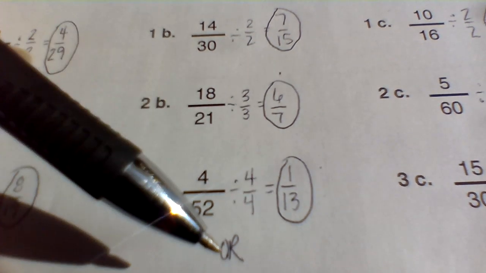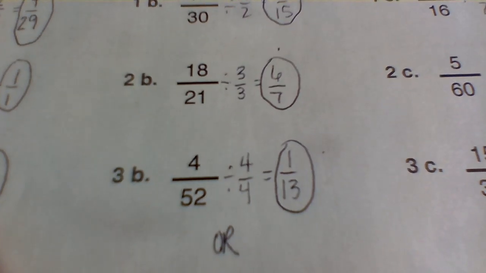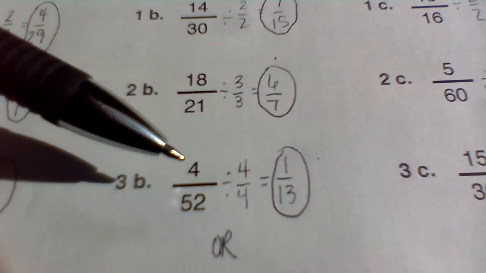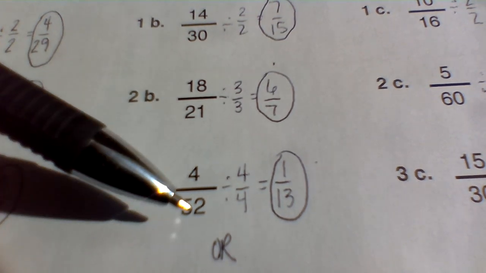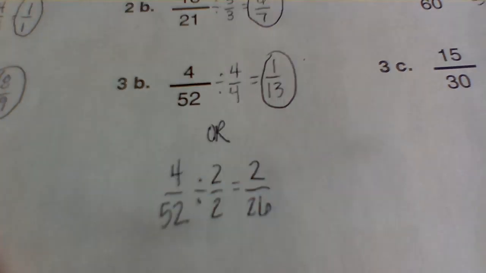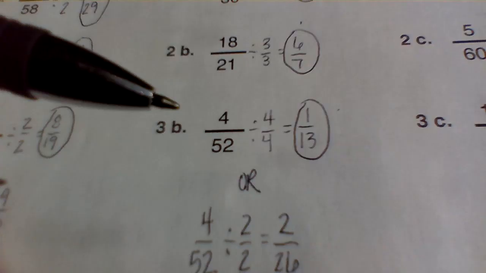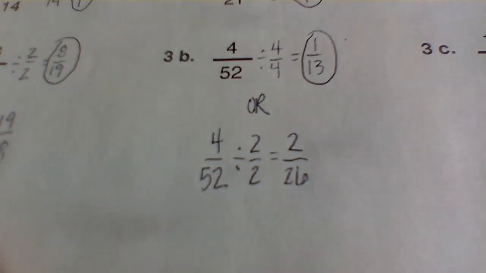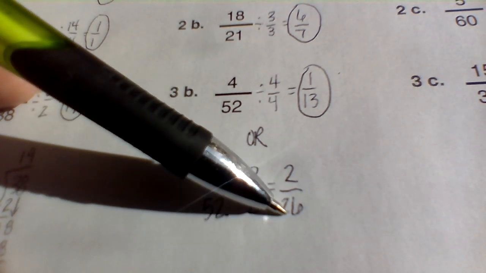Or, this is where there's nothing wrong with it: if you recognize, and hopefully you did, a 4 and a 2 in the ones place means this is an even number. So I can start with this, and I can divide by 2 over 2. And when I divide by 2 over 2, I get 2 over 26.